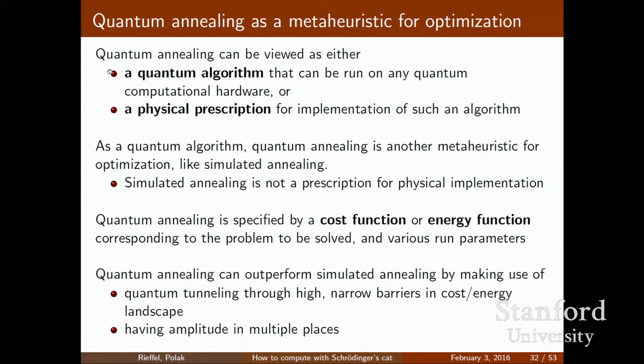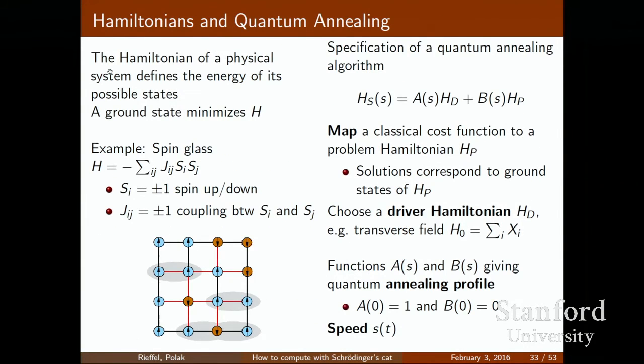You can run simulations on a traditional computer of what a quantum computer would do, but those give out at about 40 or a little bit more qubits. As I mentioned, for quantum annealing, you need to specify a cost function.